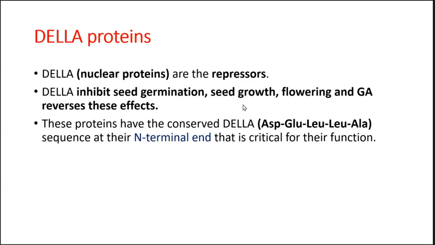They inhibit all these processes. Now why are they called DELLA? Because at their N-terminal end they have D aspartate, E glutamate, L leucine and L leucine, and A alanine. That is why they are named DELLA.